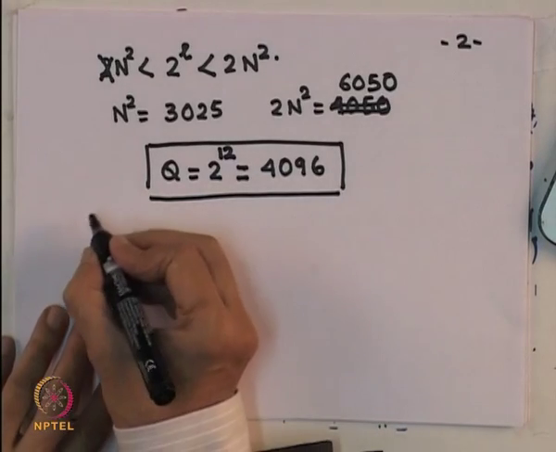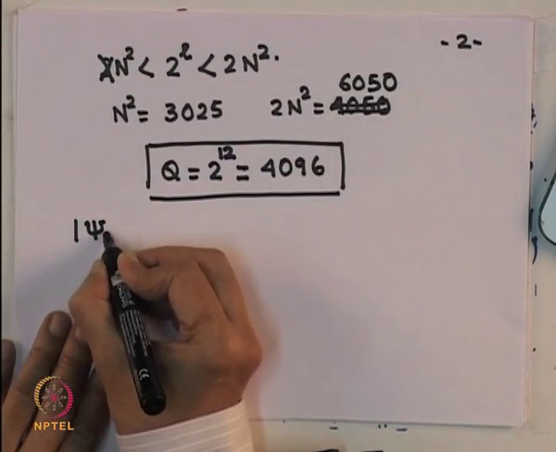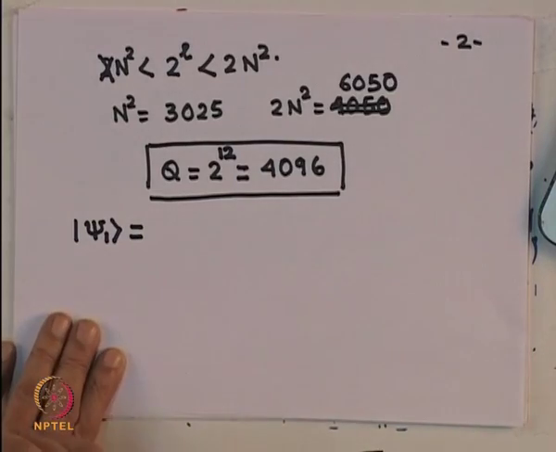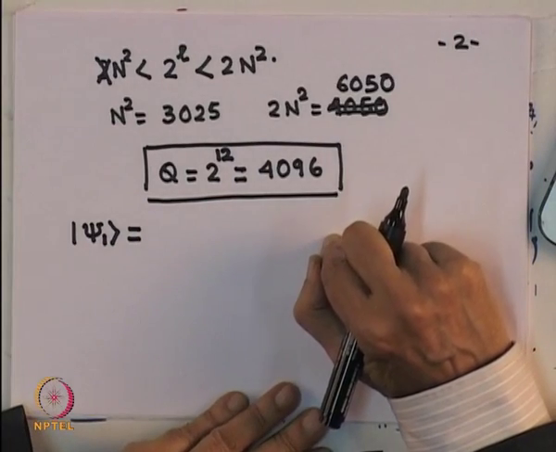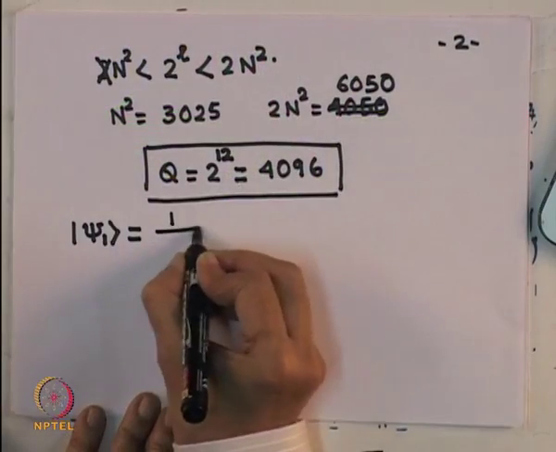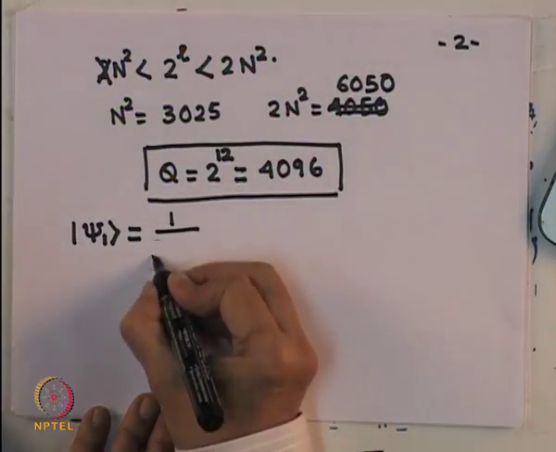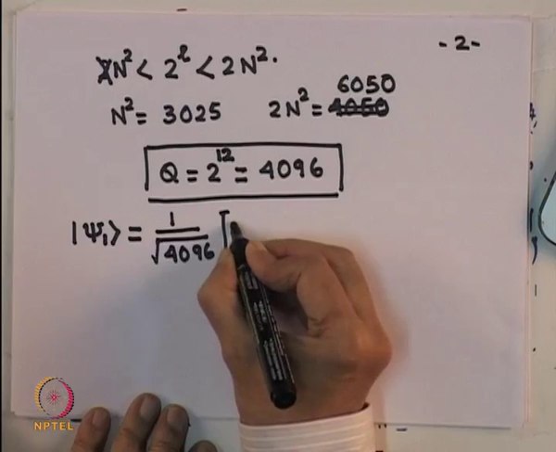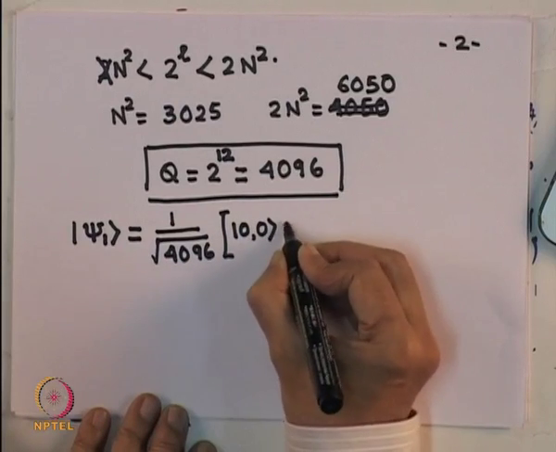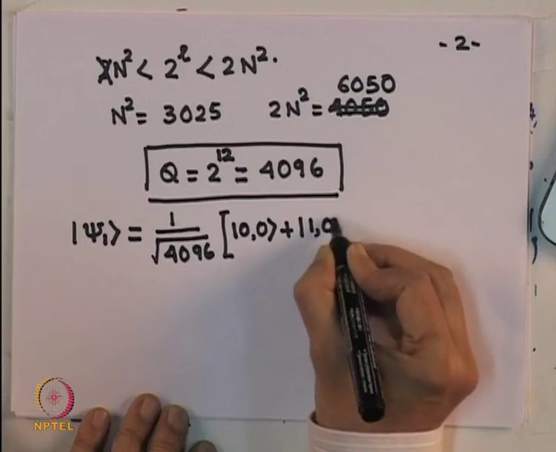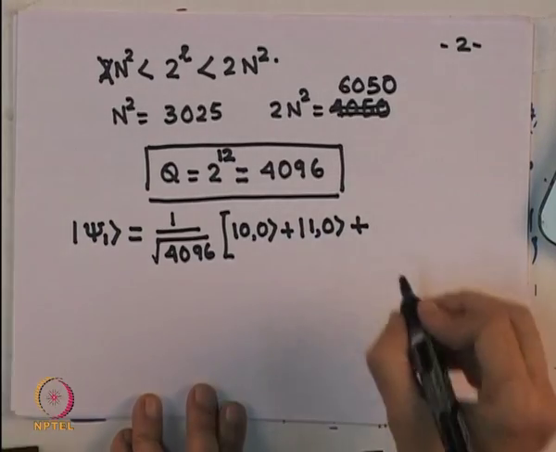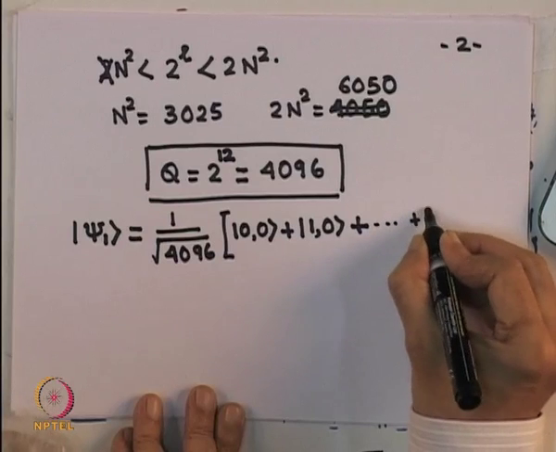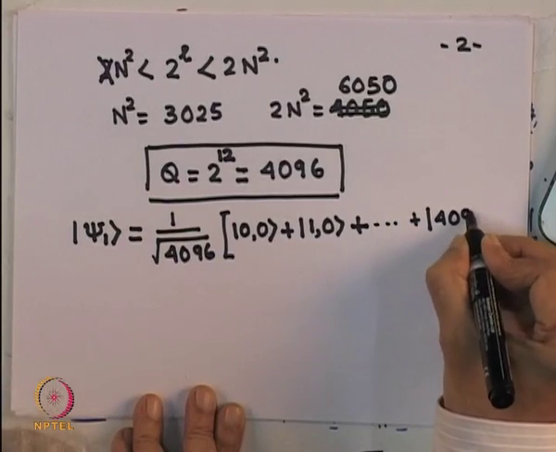At that stage, my value of psi 1, which we have seen is obtained by passing the null state of the first register through Hadamard gate, is 1 over square root of 4096, which just happens to be 64, times 00 plus 10. Remember, the second register continues to be in the 0 state. Last one will be 4095, 0.